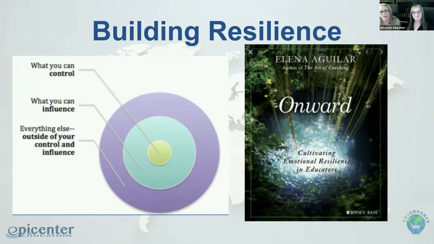The premise is that we all need to understand, and we all need to remind our students, that we have things that we can control, and we have some other things that we can definitely have influence on. But there are many things that we cannot control. And so keeping our students focused on what they can do, what they can control, and what they can possibly have influence on is our focus here.